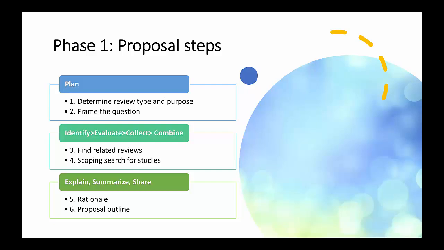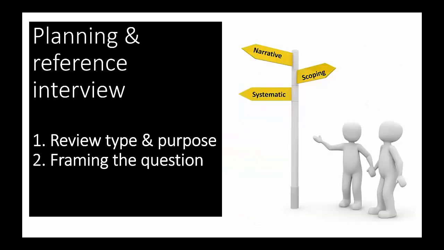We're going to get into scoping searches. Next time is when we're really going to focus on designing a really well done search. Today, I'm just going to talk about it in general. And then we're going to end up today talking about pulling it all together and what else to talk with your client about. So let's get into the first part here, the planning stages.